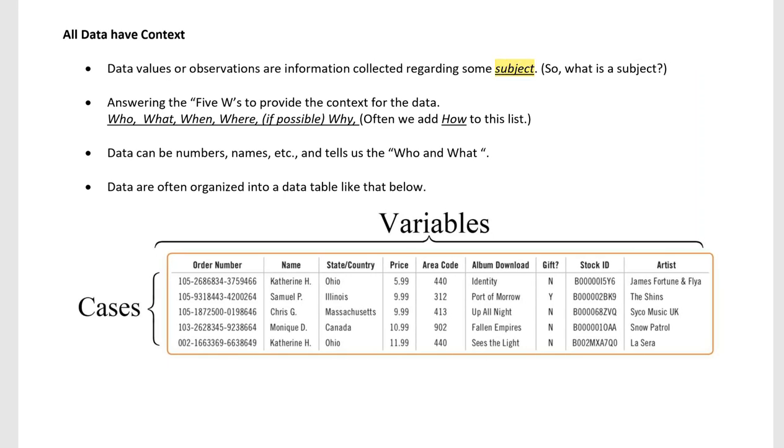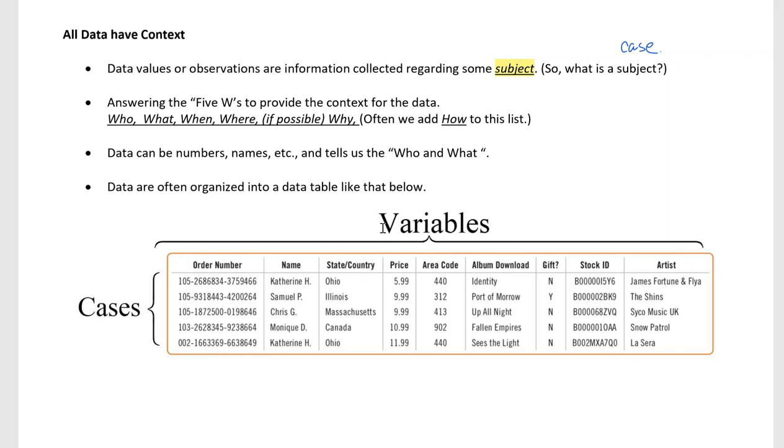Okay, so what is a subject? A subject is just a case. Right, so in the table we have the columns and we have the rows. Normally we will have the rows as the cases, and the columns will be the variables.